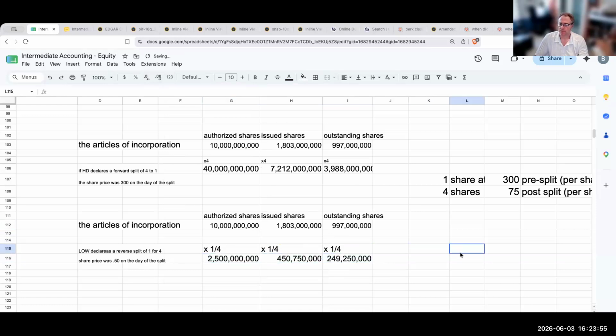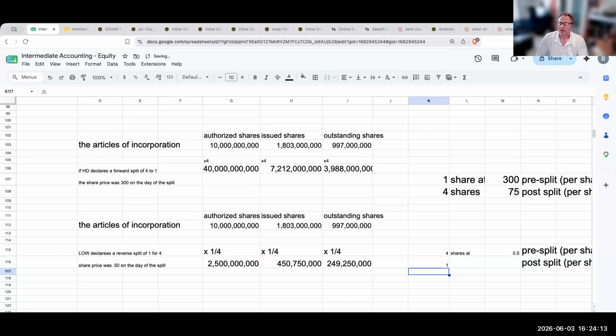It's a reverse split. Here my investor owned 4 shares at 50 cents pre-split, and now they're going to own 1 share at $2 post-split.